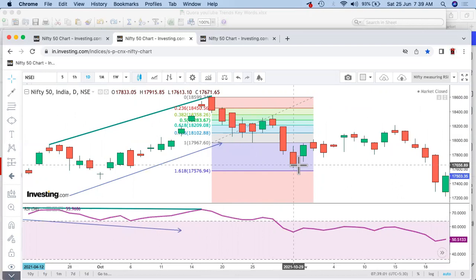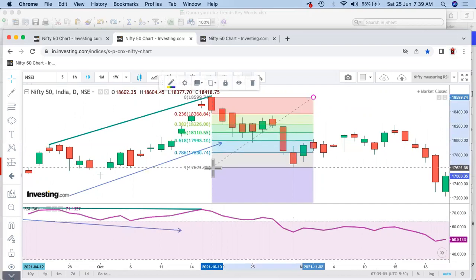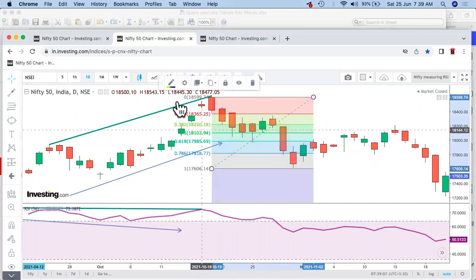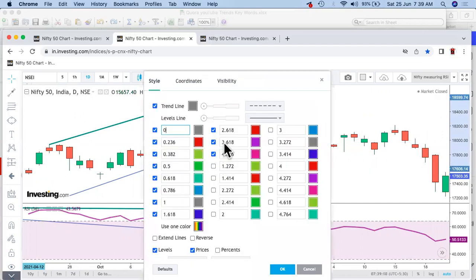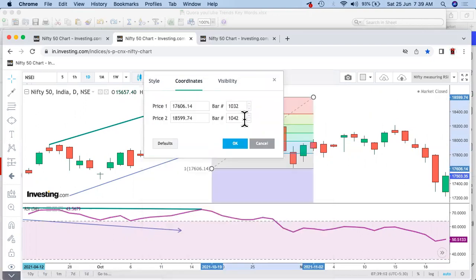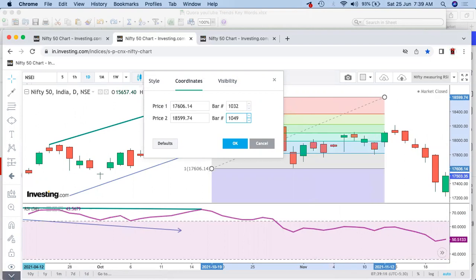So it depends on your time frame. If you are going for a higher time frame, you can look for a higher indication in the market, because the market every now and then always gives you an indication. It doesn't move in any direction until it gives you an indication.